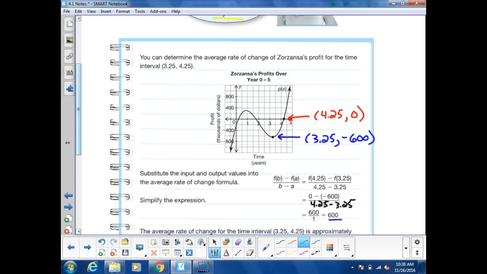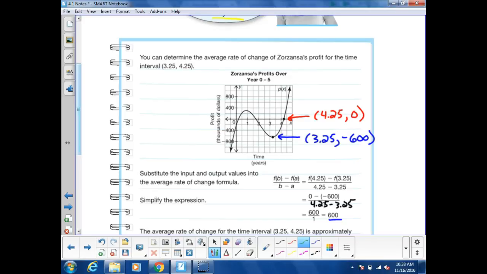Because we're not making money, right? We're losing money because I'm below the x-axis. Why is the average rate of change positive? Because of the other points on the graph? Nope.